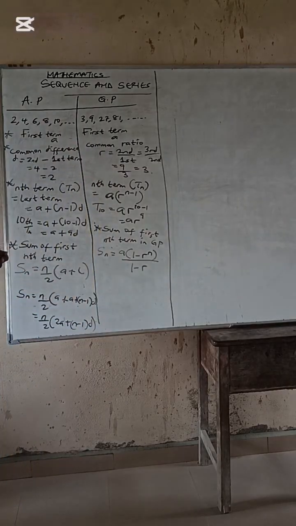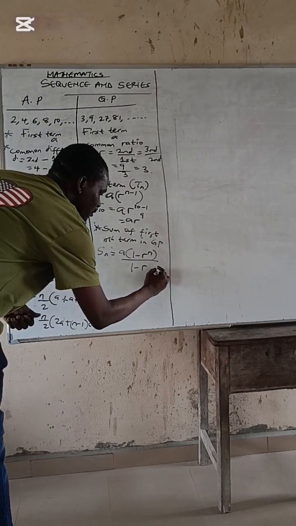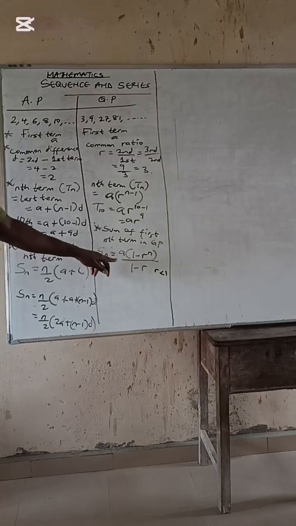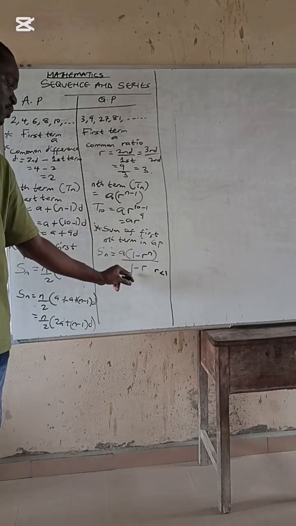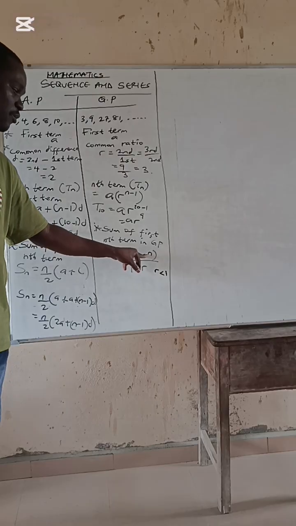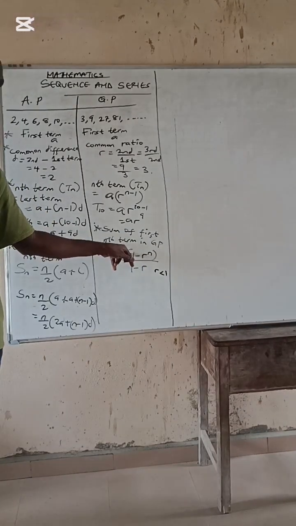Now for this GP we have two formulas. This is the first one, and it is used when r is less than 1. When r is less than 1, we make use of a open bracket 1 minus r raised to power n all over 1 minus r. We will first of all solve r raised to power n before you go and subtract it from 1.